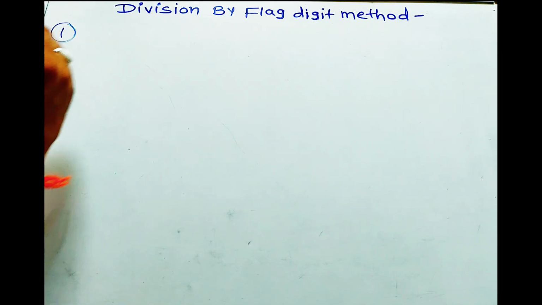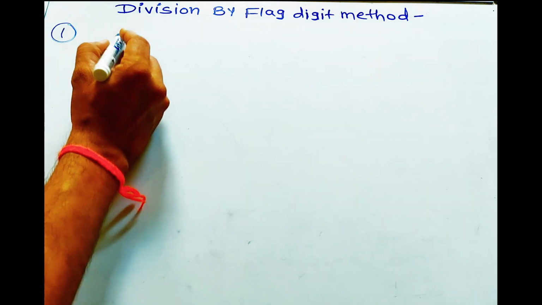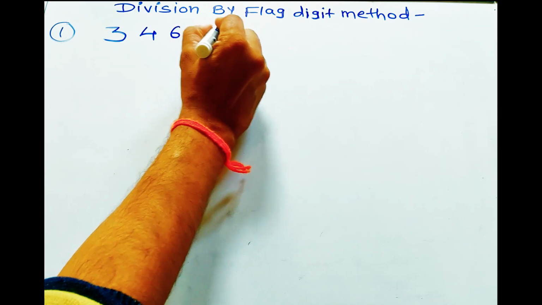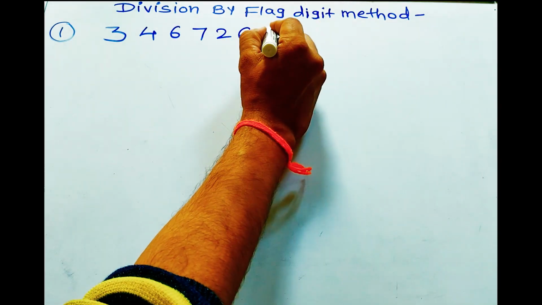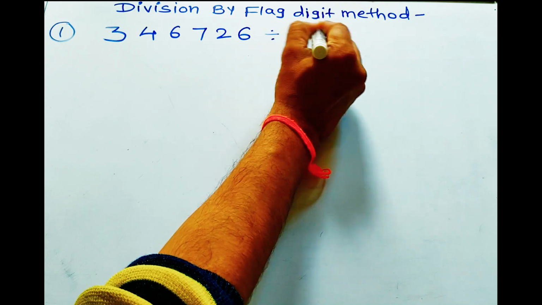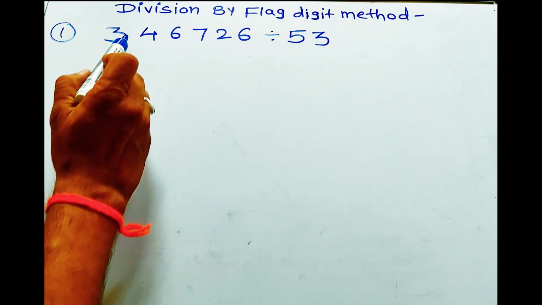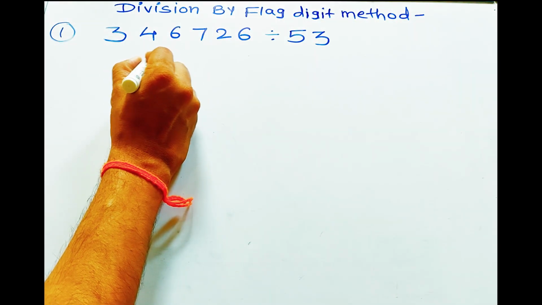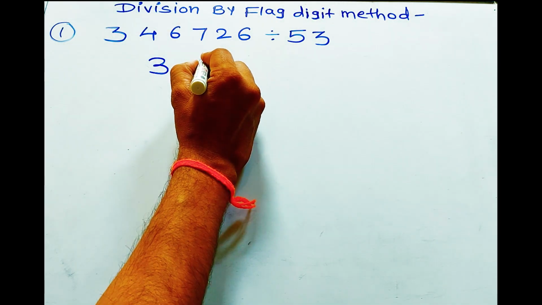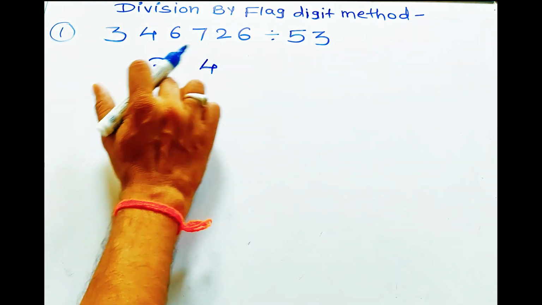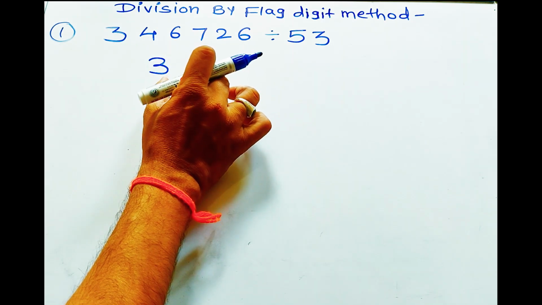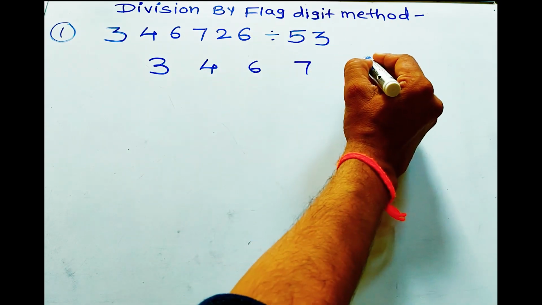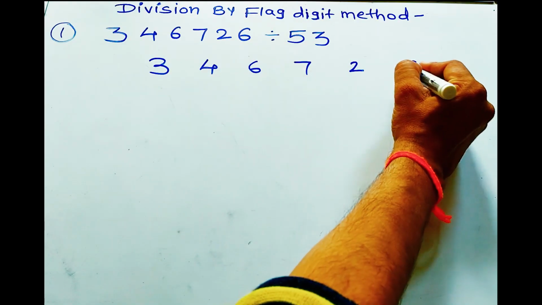See one example, that is 3,46,726 divided by 53. The dividend 3,46,726 we write in such a way: 3, then 4 with some distance between 3 and 4, then 6, 7, 2 and 6.